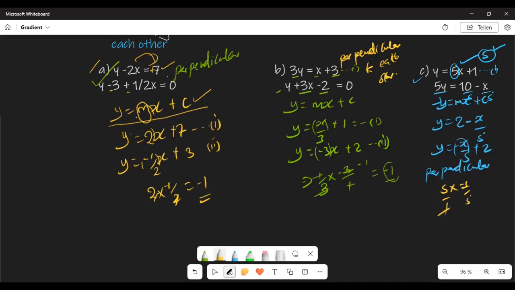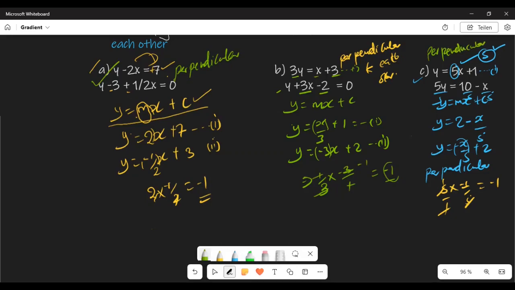So the 5s cancel, and 1 times negative 1 gives us negative 1. So as the rule goes, C is also perpendicular. The two lines for exercise C, or the equation C, are also perpendicular to each other.